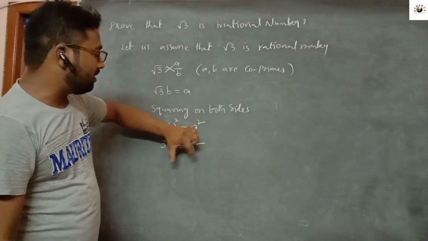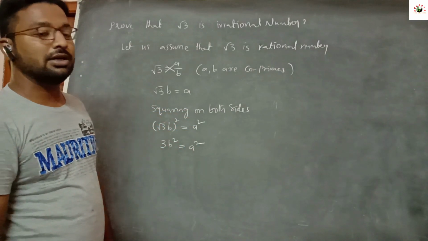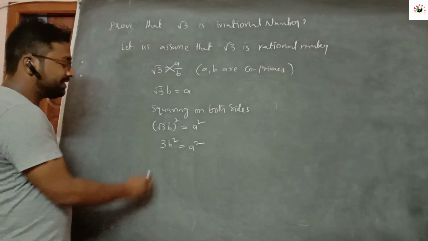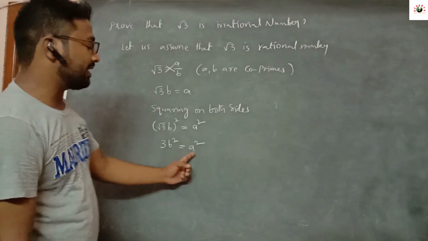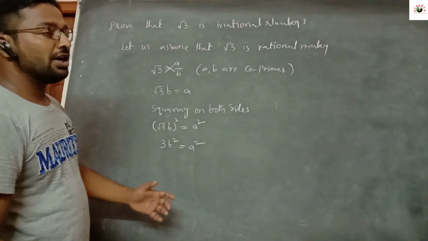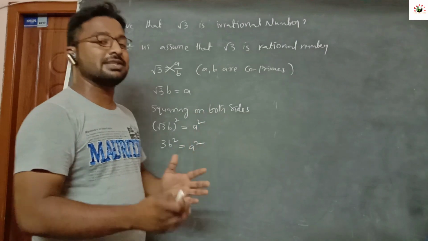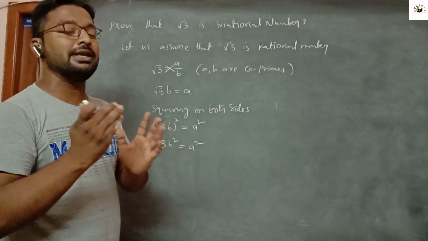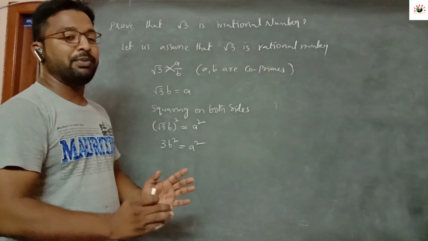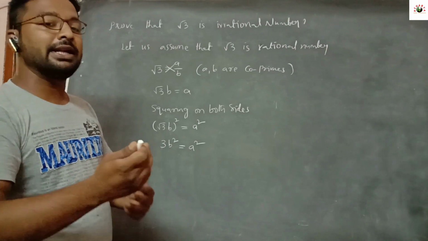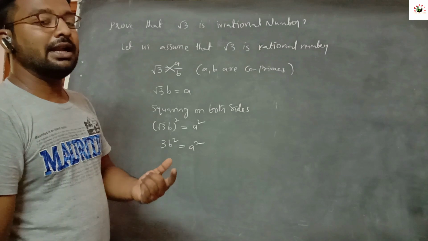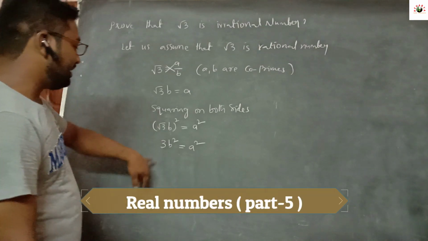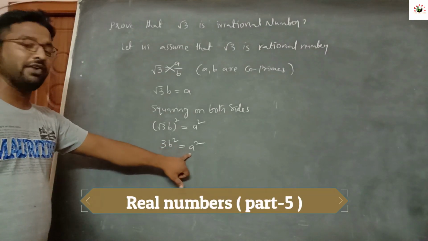So what is the meaning of 3 B square is equal to A square? Here 3 is a factor of A square. According to the previous theorem from last class, if P is a prime number and P divides A square, then P divides A. Like that, here also 3 is a factor of A square.